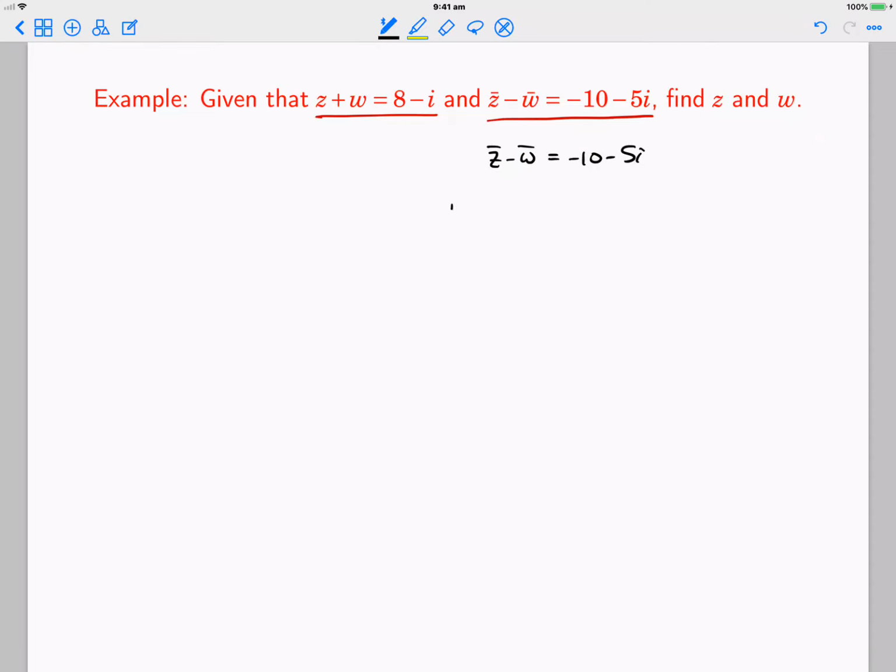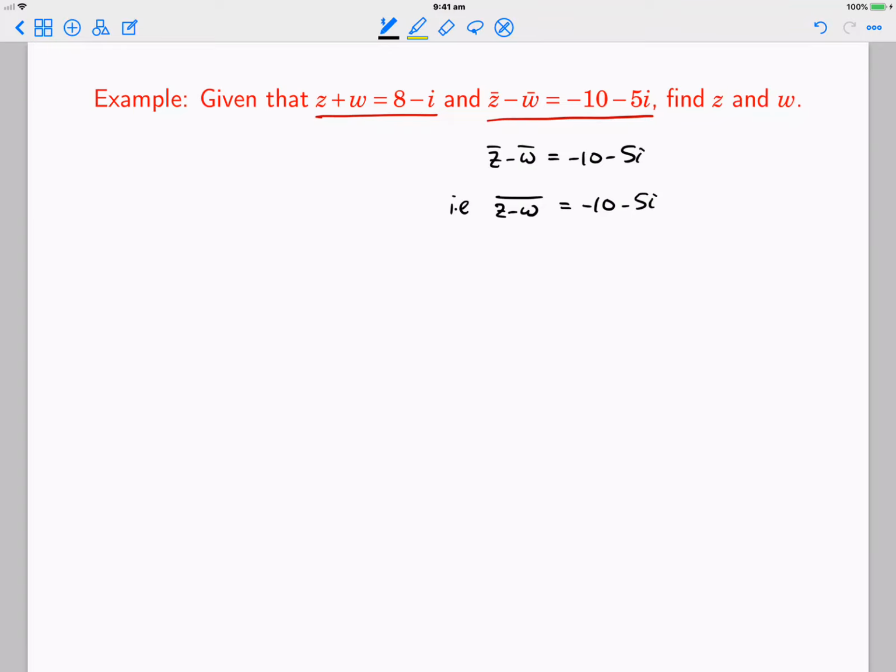Now, this is the same as saying the conjugate of z minus w is minus 10 minus 5i, right? Because remember what we said on the previous page. We said that you can subtract and then take the conjugate, or you can take the conjugate and then subtract, right? It doesn't matter.